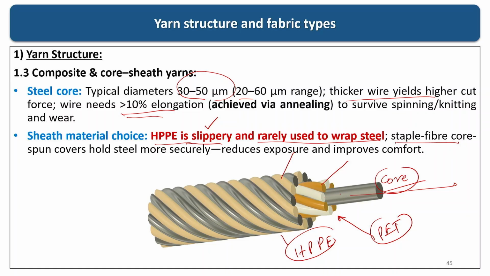The staple fiber core spun cover holds the steel more securely. That is why here we use the staple fiber sheath also. It reduces the exposure and improves the comfort. So, another staple fiber we have used here.